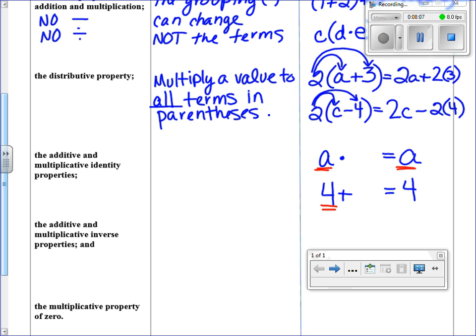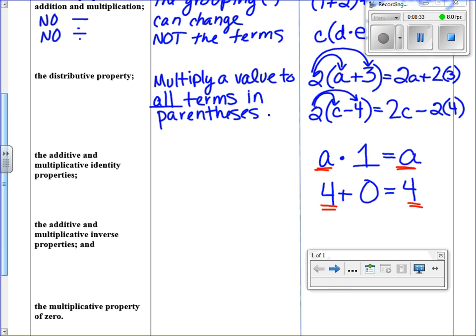Whatever's here, that 4 maintains its identity and it's over here. So what do I have to multiply to A to equal A? The only thing you can multiply to A to equal A is going to be the number 1. The only thing you can add to 4 to equal 4 is going to be 0.